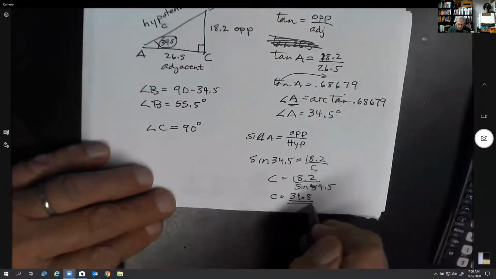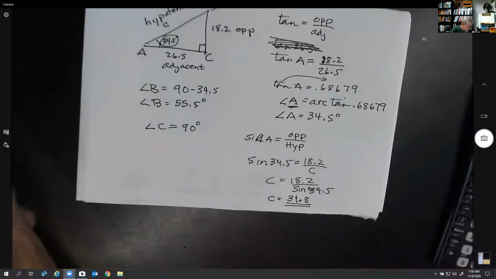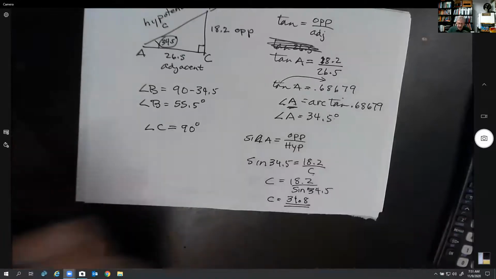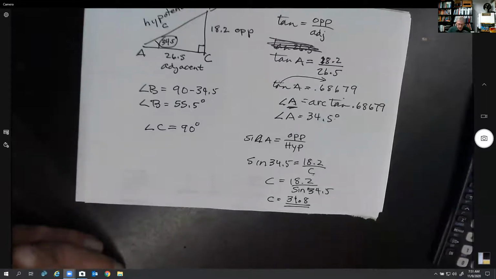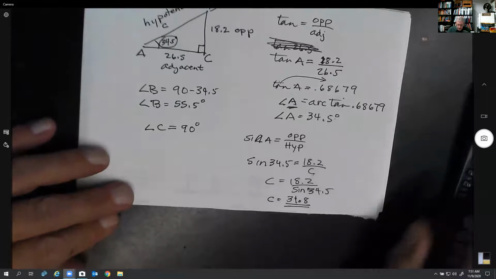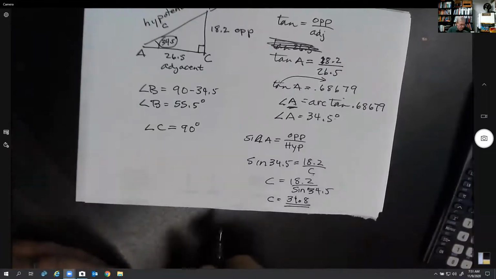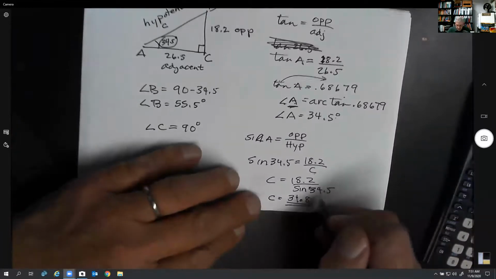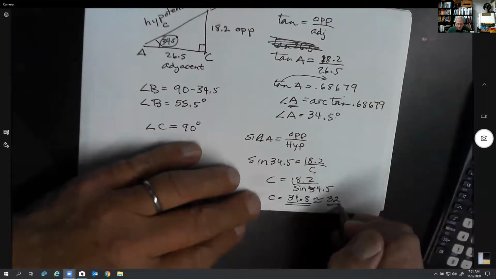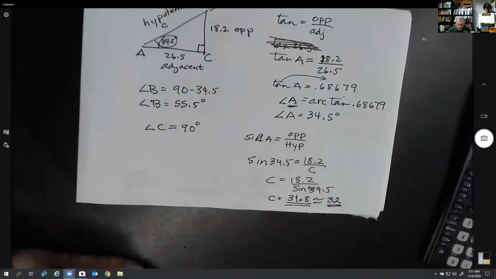So approximately 31.8. The book used the Pythagorean theorem, and they came up with a little bit larger number. Had we had a little bit more accuracy here, using 34.49 or something like that, we might have come a little bit closer. If we round this off, it's going to be approximately 32. So it's pretty close to what they had.